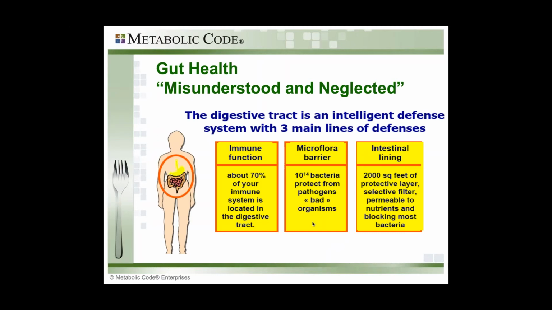So I don't want to turn this into another big gut health lesson, but for those of you that may not have a lot of background on this, I just want to show you the progression from imbalanced immune reactivities in the intestinal tract and the progression to autoimmune conditions.